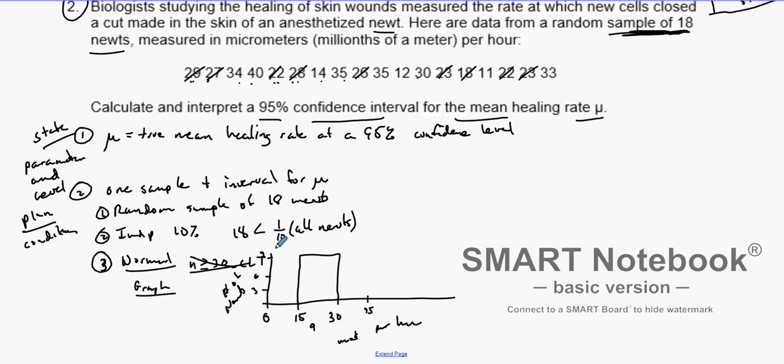Then we go from 0 to 15: 1, 2, 3. It appears we have 3 right there. And for the last one, 30 to 45: 1, 2, 3, 4, 5, and 6. We have 6 right there.